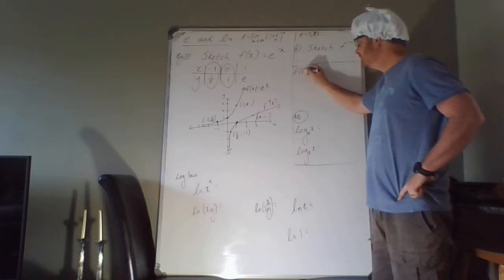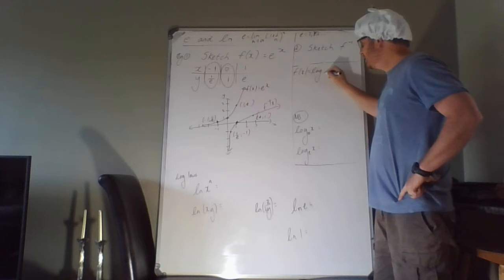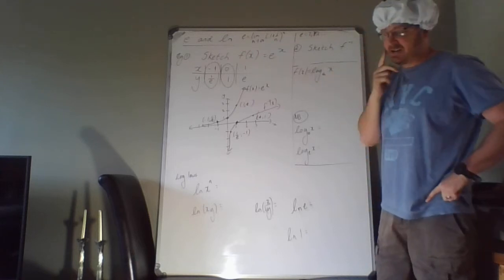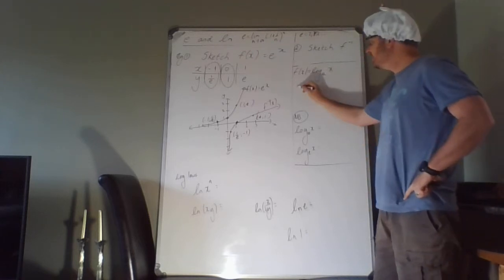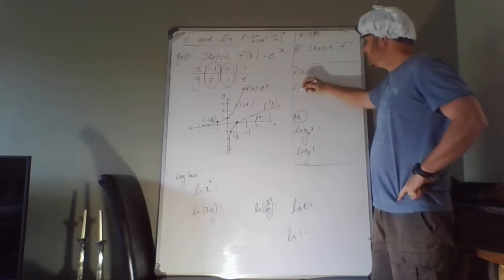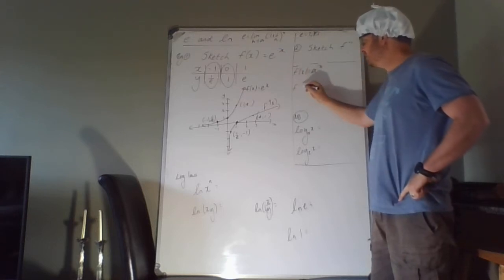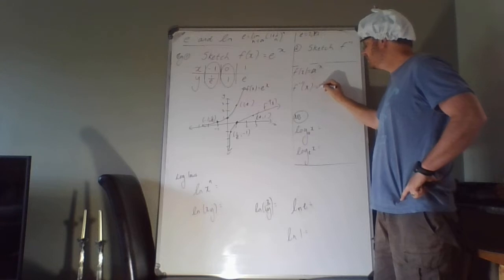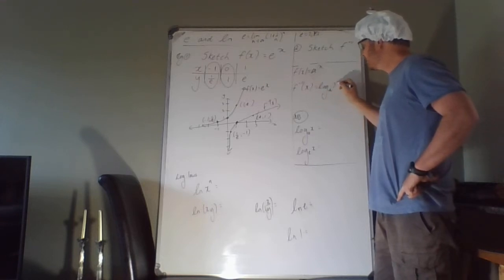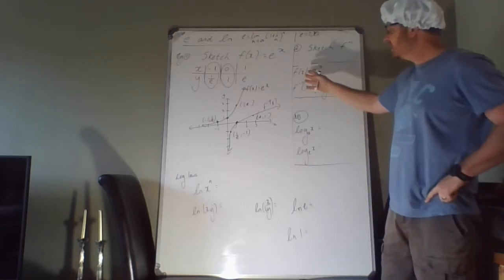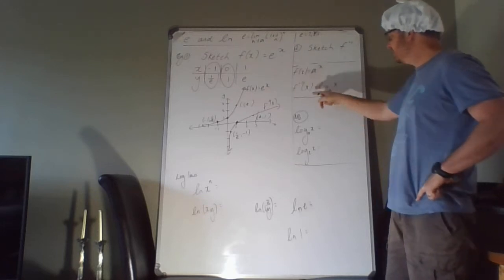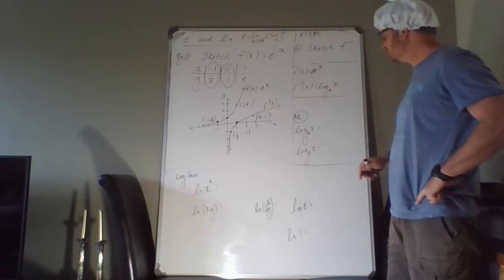In general, if f(x) is a^x, then the inverse function is the log with the same base. You should be comfortable with that: if f(x) is equal to a^x, then the inverse is log base a of x.